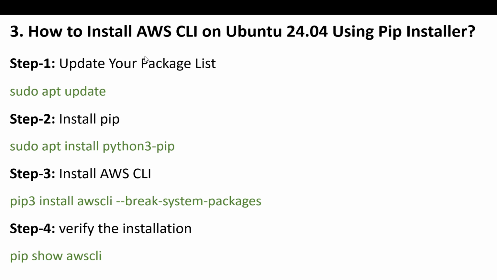Now the third method is how to install AWS CLI on Ubuntu 24.04 using pip installer. In the first step, we have to update our package list. For that, use this command.